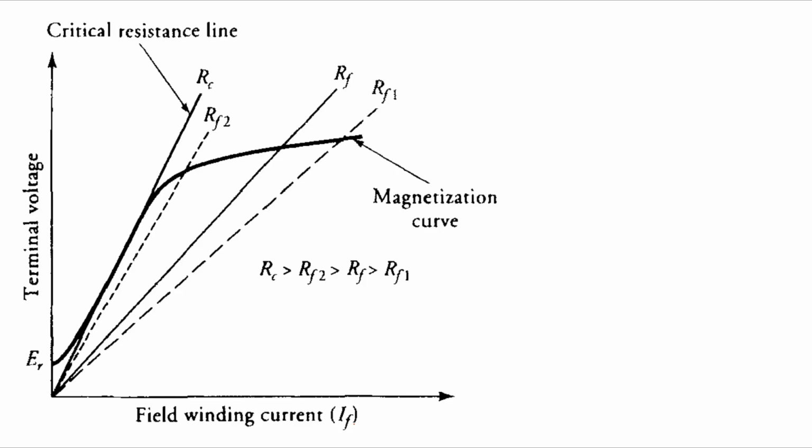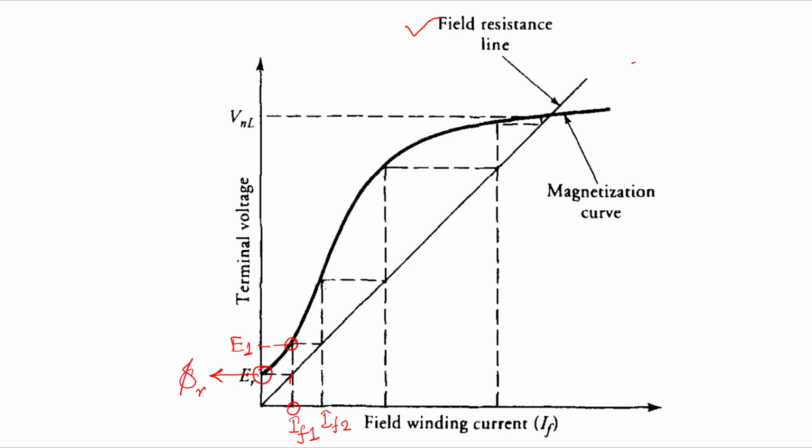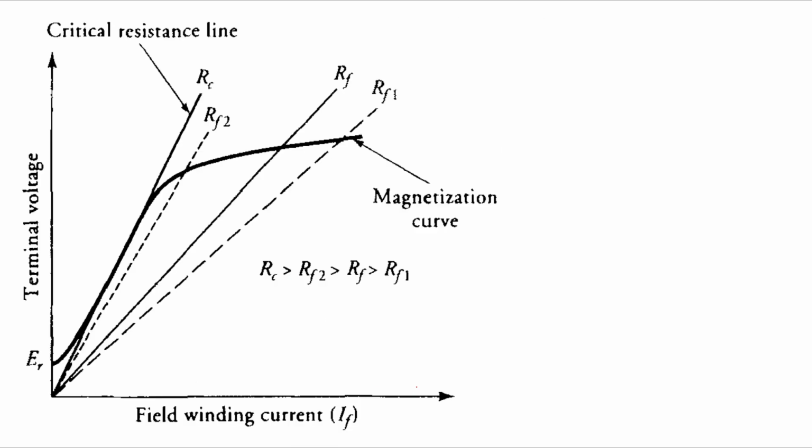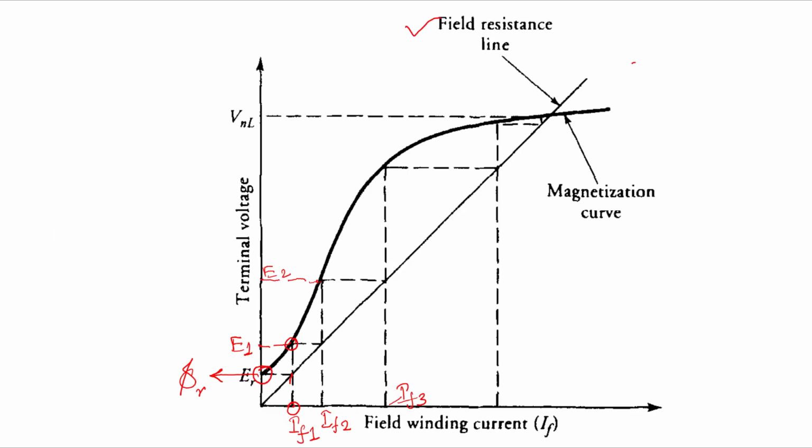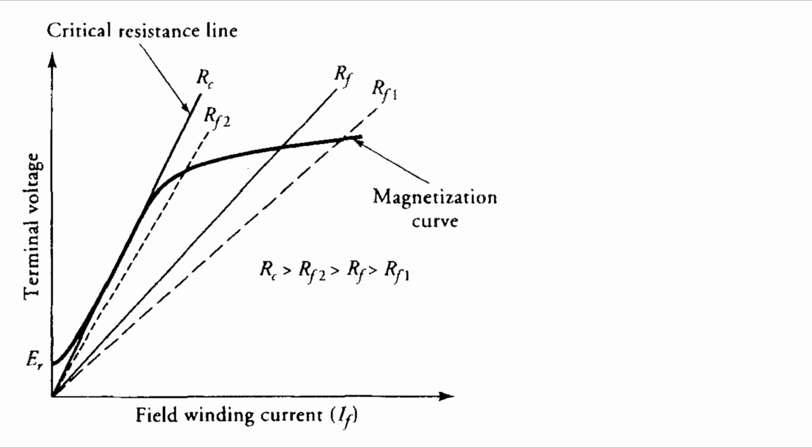Corresponding to IF2, the voltage will increase to, let us say, E2. This is a dynamic phenomenon, it is achieved very quickly. We cannot see it, but I am explaining it through a figure. Corresponding to E2, your current will be IF3, and corresponding to IF3, your voltage will become E3.